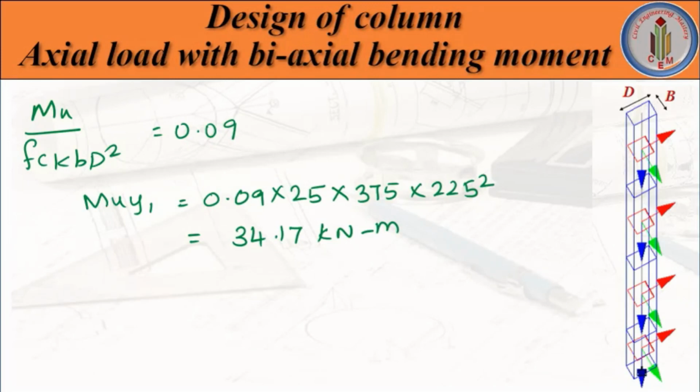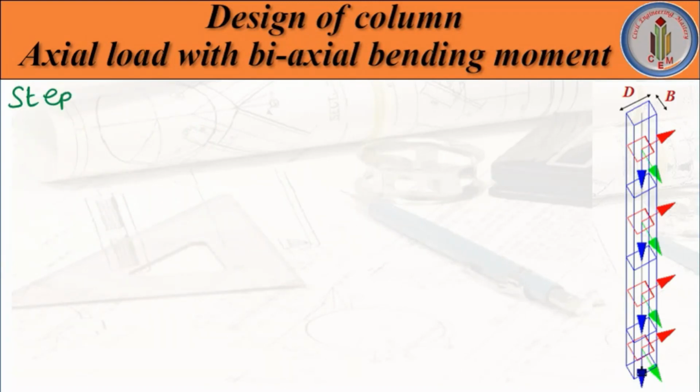Here FCK is in Newton per square millimeter, and 375 and 225 are in mm, so this we need to convert into kilonewton meter. Next, step number 4, we have to find out the PUZ value. For this we have to use chart 63 from SP16.